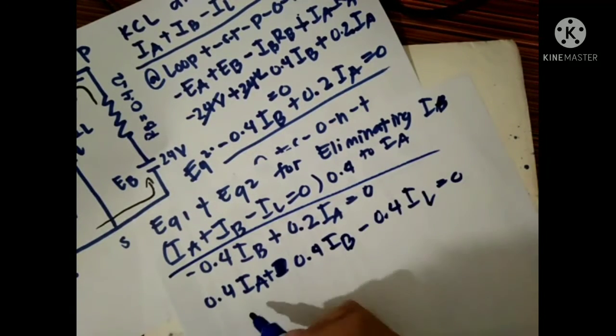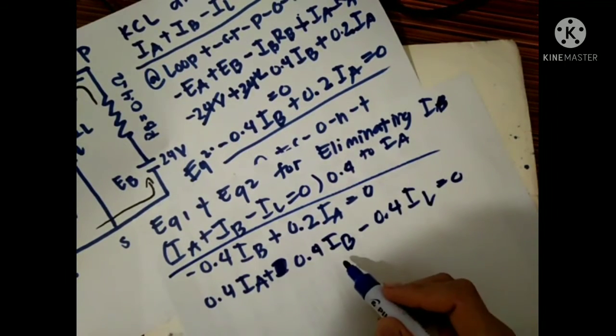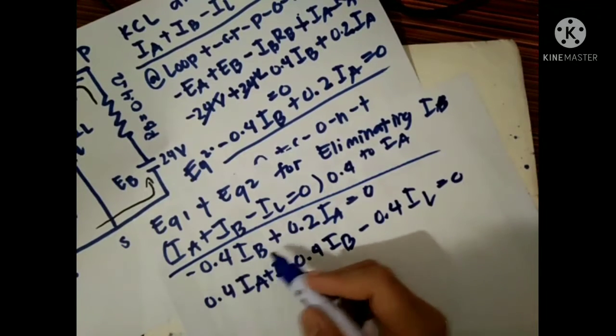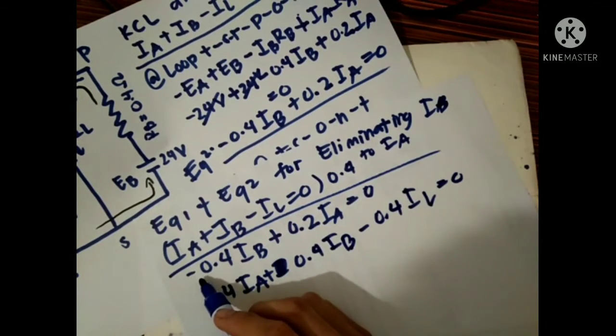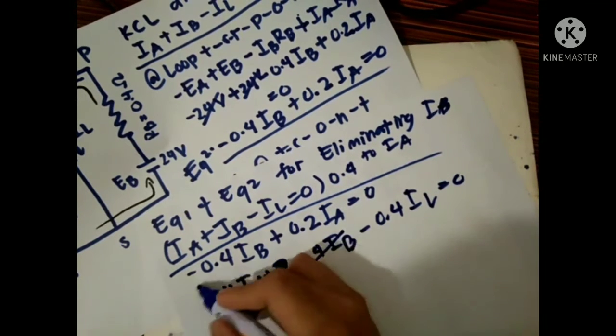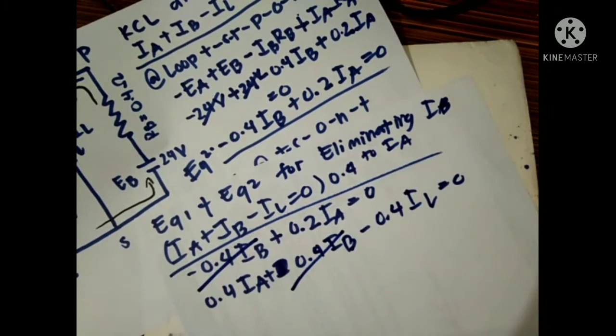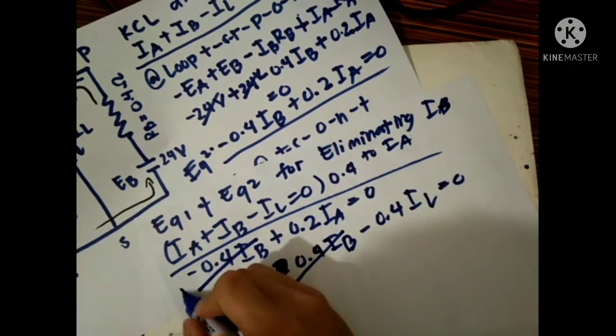So we can cancel out the value of IB because it has opposite signs, negative and positive. So cancel this. So we can add this equation.